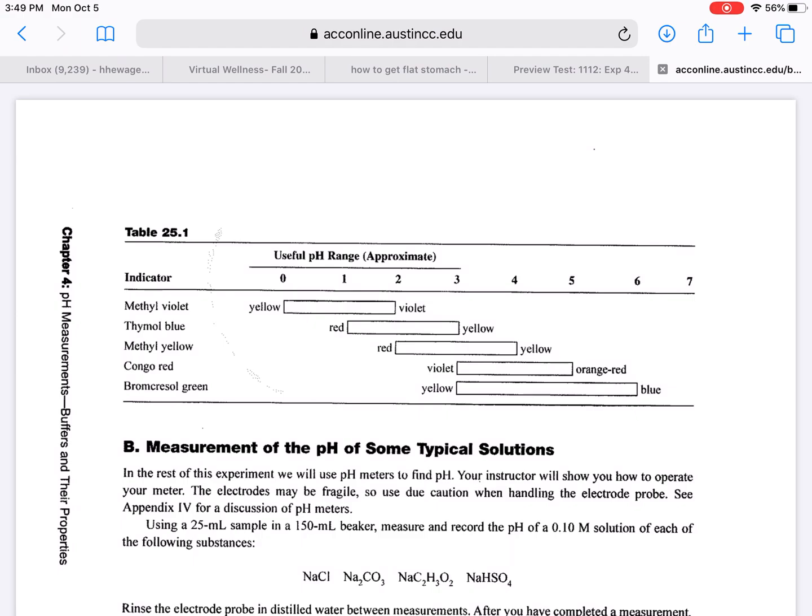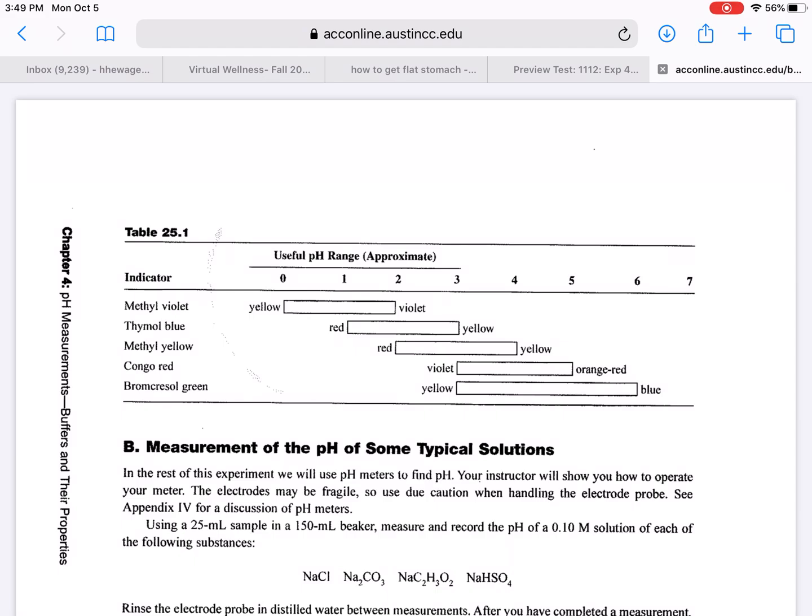With methyl yellow, when you add a couple of drops to a solution and it gives you a red color, that will tell you the pH is about 2. But it's not exact. We cannot say it's exactly 2. It could be 2.5, like that. It would be red if the pH is 2, but if it is yellow, the pH would be 4.